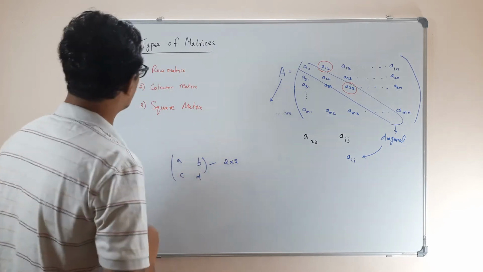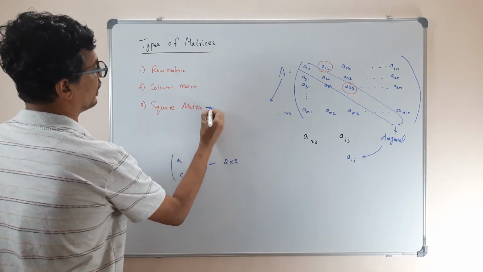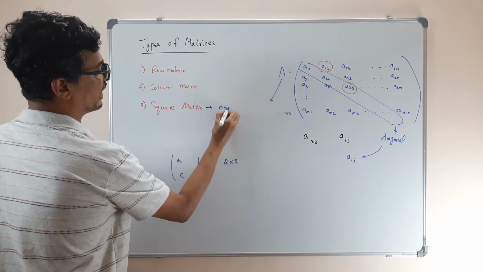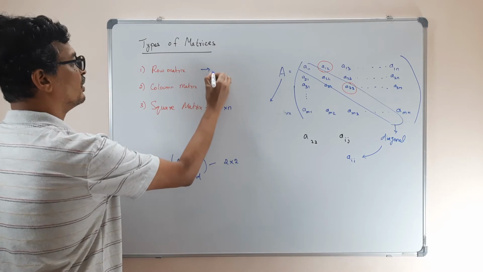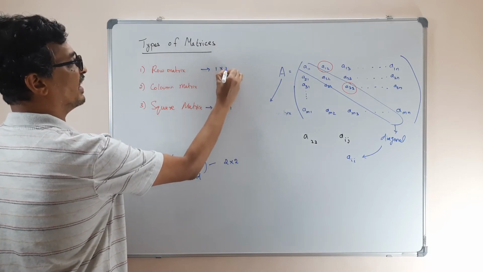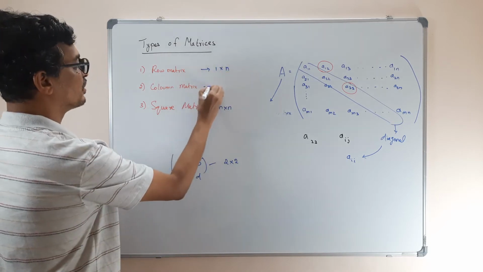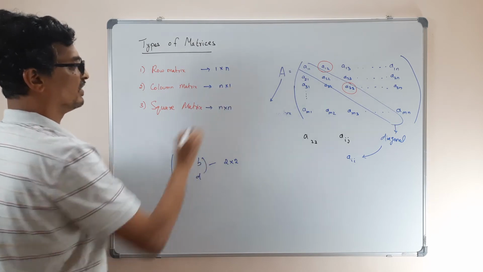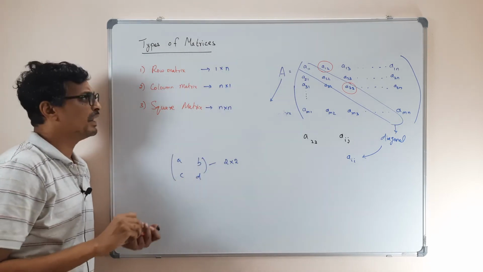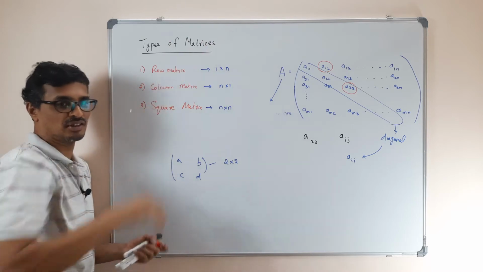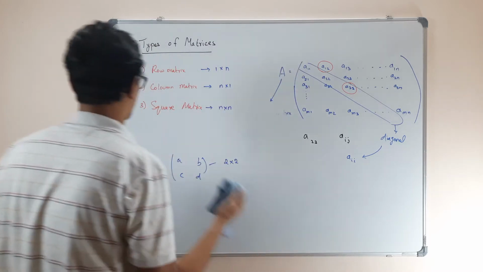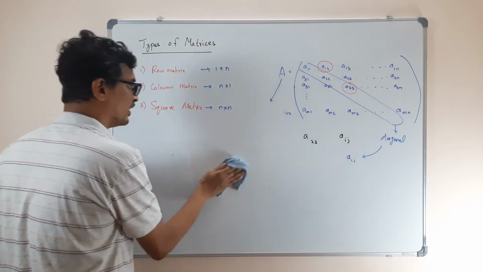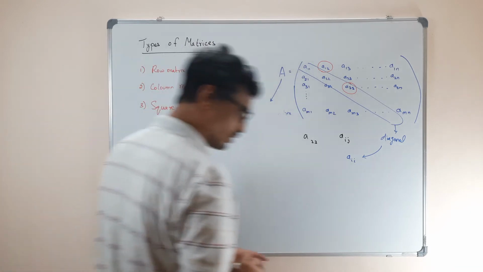In general it will be n cross n. This will be 1 cross n, and this will be n cross 1. n can be any number: 1, 2, 3. For the example we saw, n was 3. This is how a square matrix is defined.